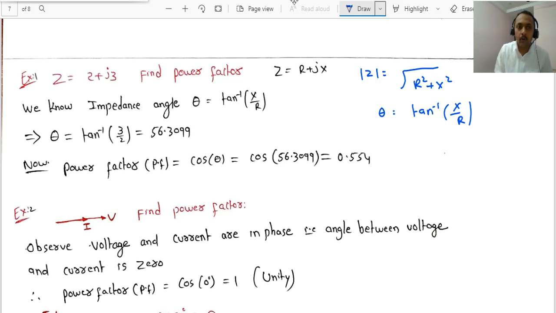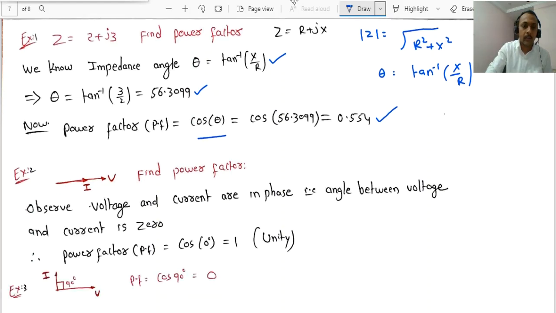If your impedance is given as 2 plus j3, what will be the power factor? Theta equals tan inverse of X by R. Recall the general form Z equal to R plus jX. So theta equals tan inverse of 3 by 2. Now this is angle theta. What is the power factor? Cos of theta is your power factor. Very simple, for 2 plus j3.